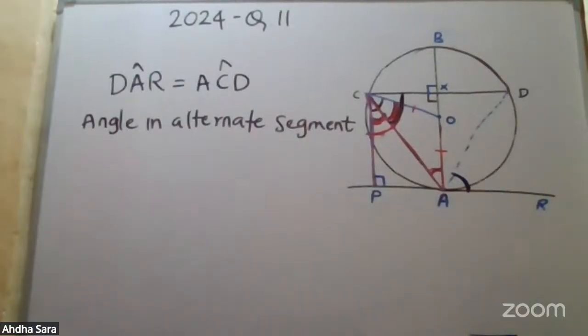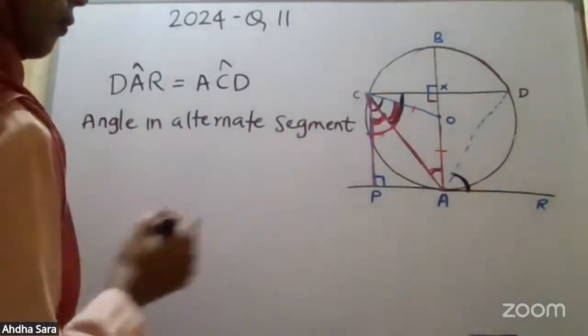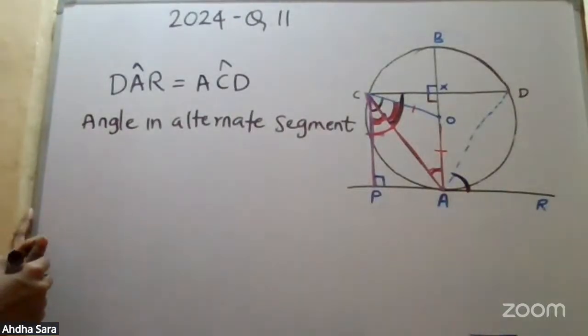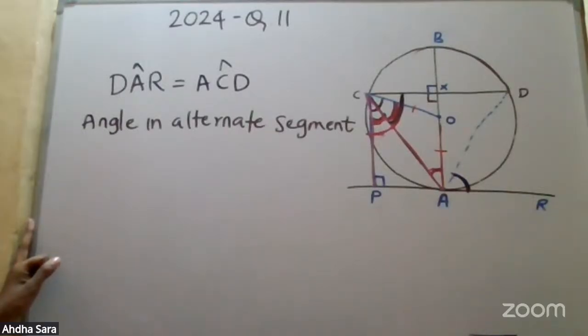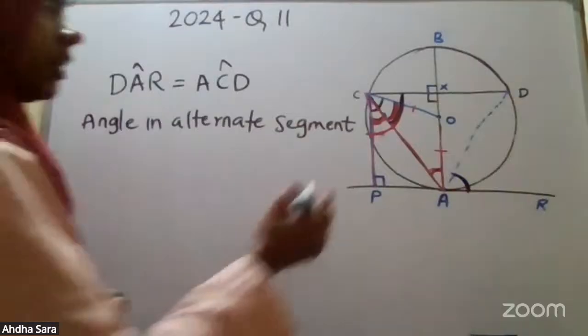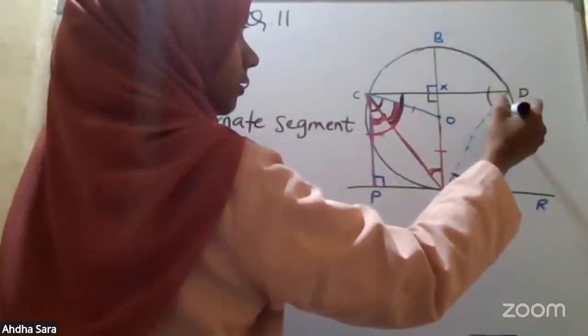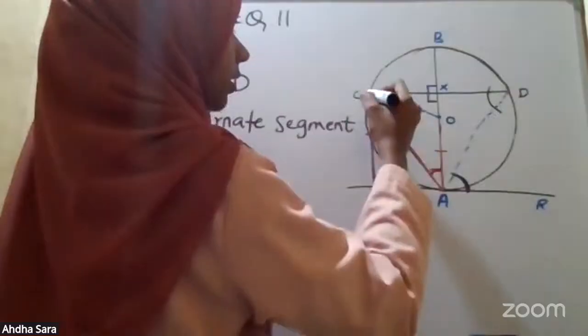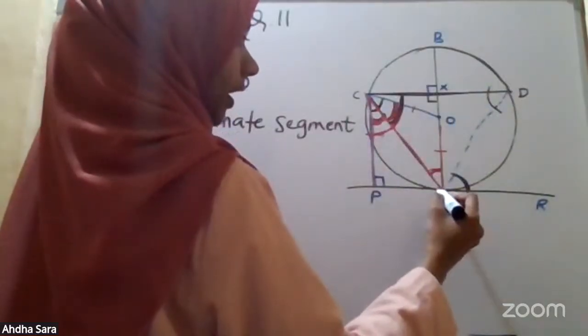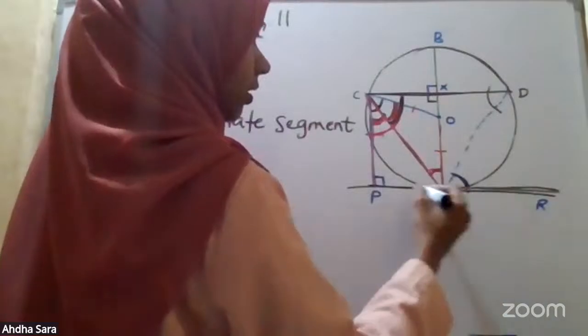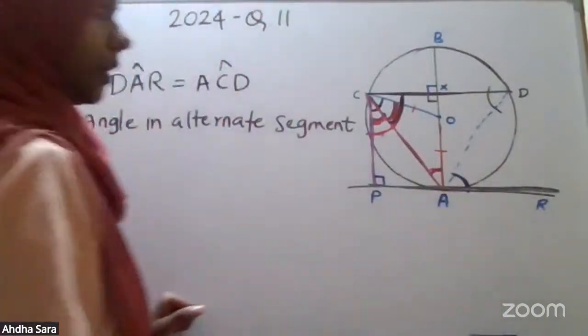The next is, you can take this angle. Here CD and PAR are parallel.